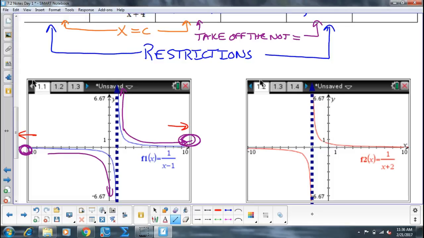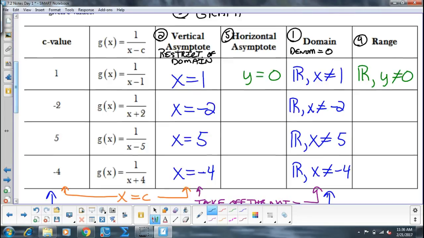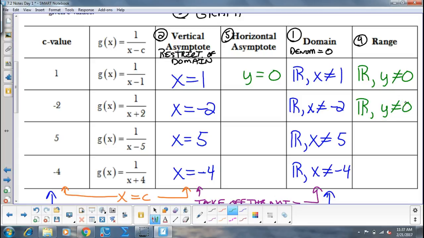What's the range of the red function now? No, y can be -2. It's right here. Right there, my function's -2. What's the only value my function can't be? 0. So how do I say that in terms of a range? All real numbers, y cannot equal 0. Okay?